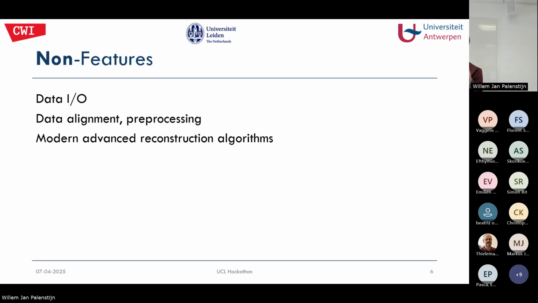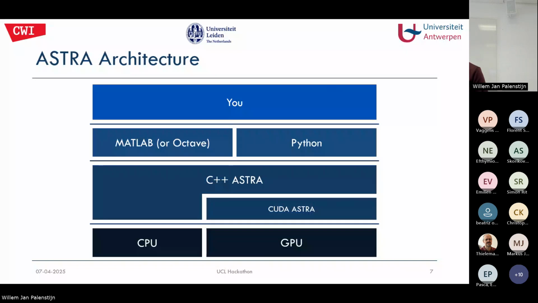We decided to stick to the projection operators and let other groups handle the reconstruction algorithm development. What do I mean by modern? That is an excellent question. Basically anything after, say, CGLS, and not even the fancier linear solvers.